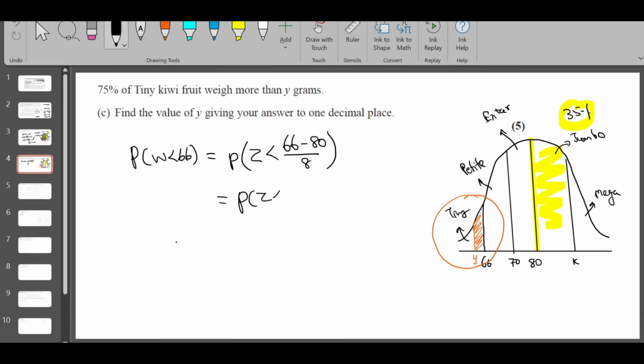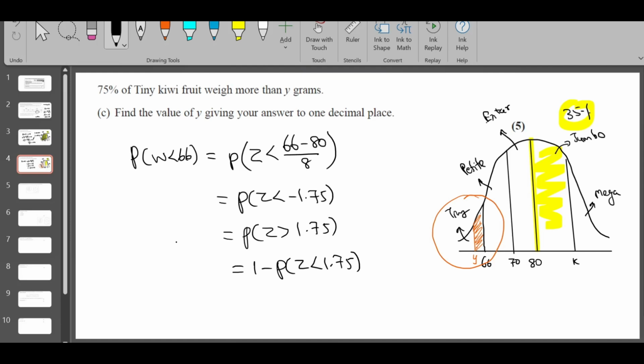P of Z is less than minus 1.75 will be the same as P of Z is greater than positive 1.75. So how do we find this value? 1 minus P of Z is less than 1.75. To rearrange this, you should have learned how to standardize the normal distribution and find the area corresponding to a positive number or negative number.